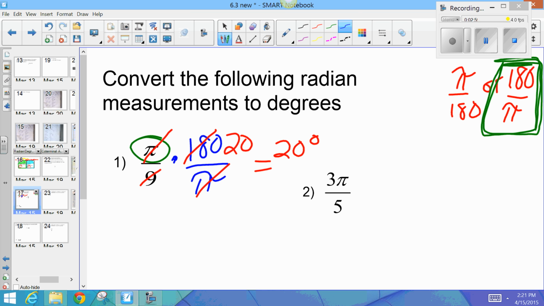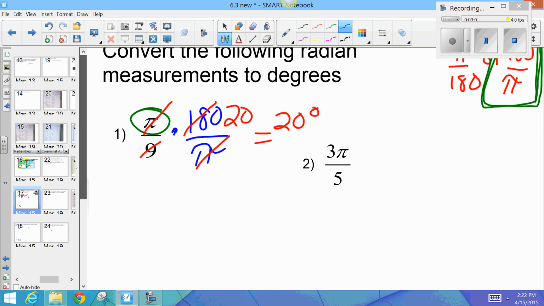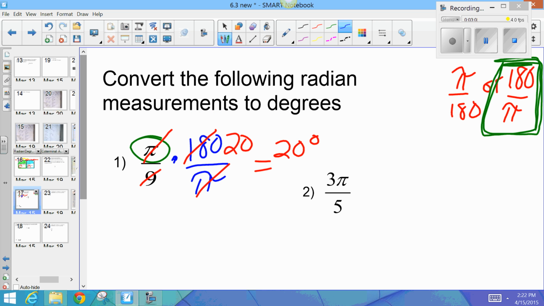All right, so again, converting 3 pi over 5 to degrees, I'm going to multiply by 180 over pi. Pi cancels.